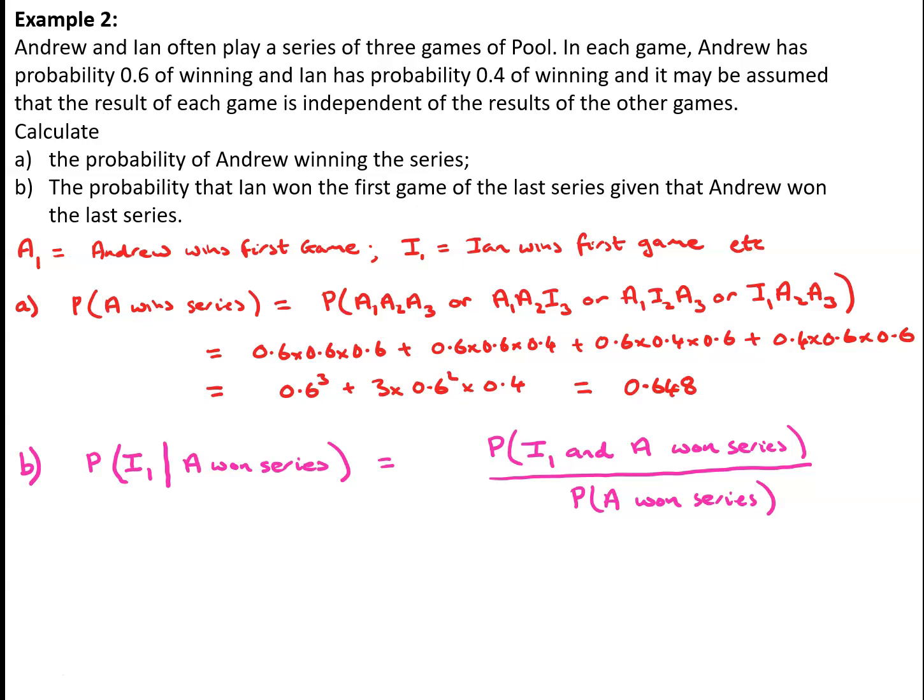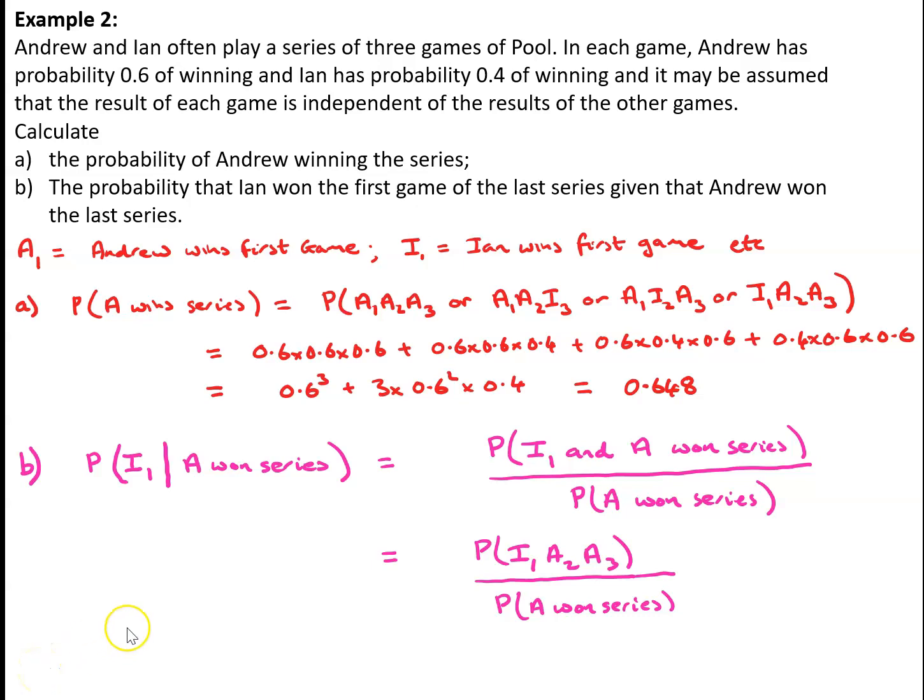Now, if Ian wins the first game and Andrew won the whole series, the only way that can happen is for the series to go Ian, Andrew, Andrew. So we can say the probability that Ian wins the first game and Andrew won the series is the same thing as the probability that Ian wins the first game, Andrew wins the second game, Andrew wins the third game.